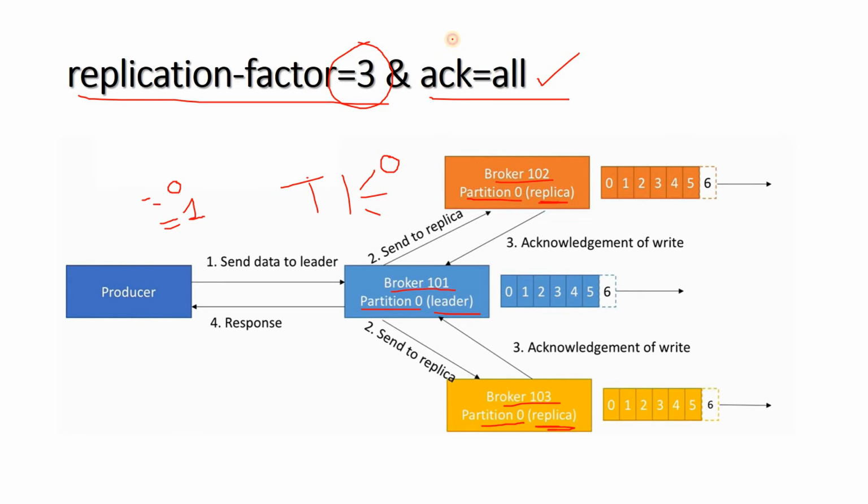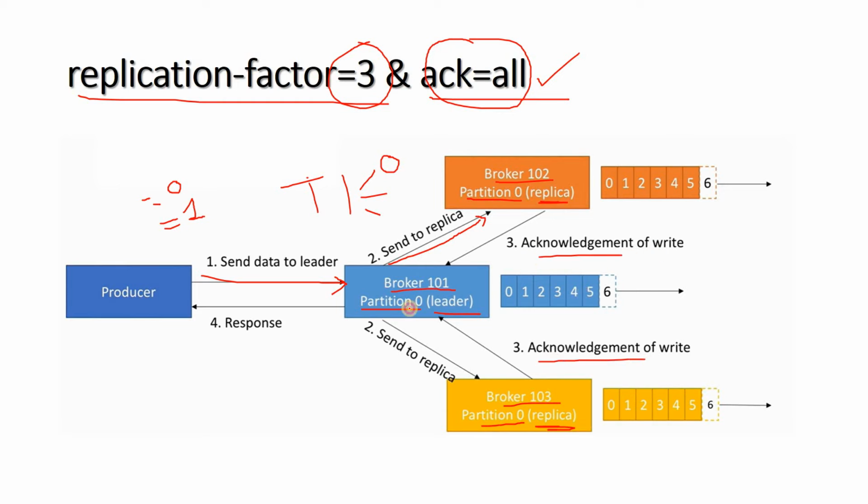But if we keep ACK equal to all, then suppose a producer sends the data to the leader. First the data will be written in the leader partition, and then from that leader, the data will be sent to the follower brokers. In those partitions also the data will be written.